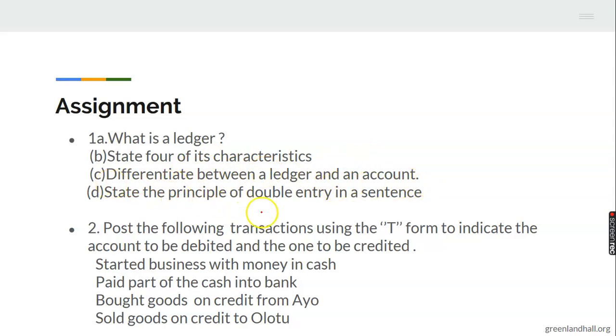Then D, state the principle of double entry in a sentence. 2, post the following transactions using the T form to indicate the account to be debited and the one to be credited. 1. Started business with money in cash. 2. Paid part of the cash into bank. 3. Bought goods on credit from Mayo. And 4. Sold goods on credit to Ulutu.